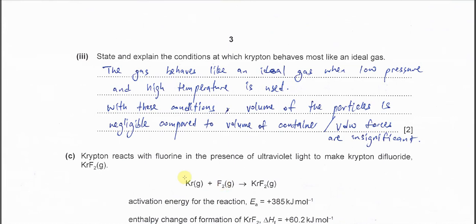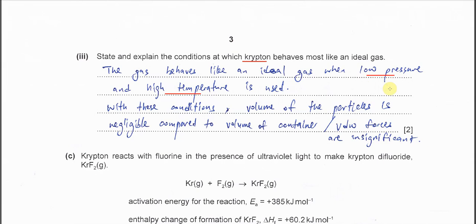Part 3. State and explain the condition in which krypton behaves most like an ideal gas. So 2 very important conditions, which are low pressure and high temperature. We know that at low pressure the volume is larger.